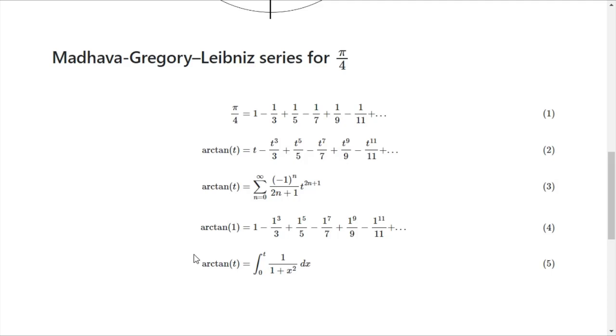If you use trigonometry, you can actually come to this derivation right here. This is how I actually ended up looking into this problem. And when you arrive at this equation, the expansion is what you get as the arctan of t.